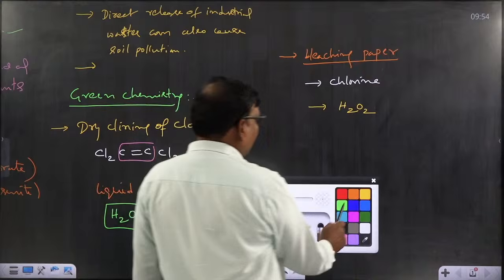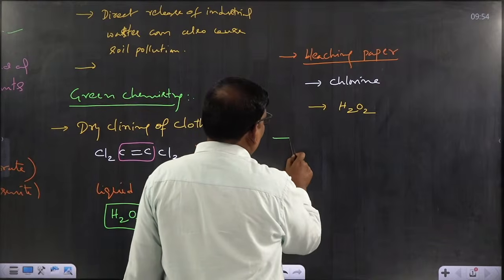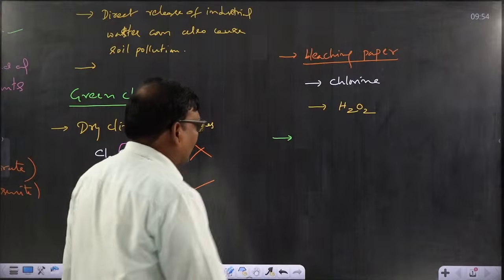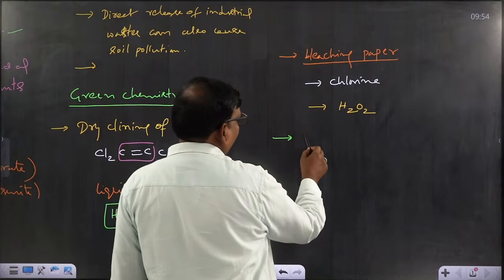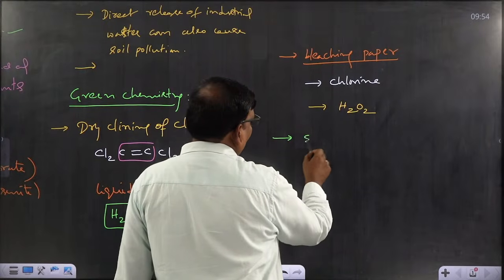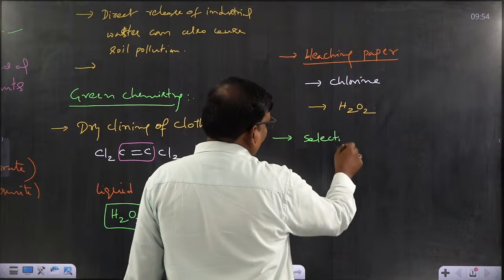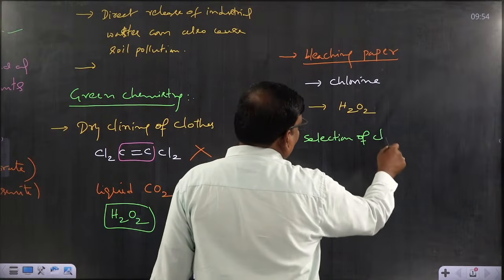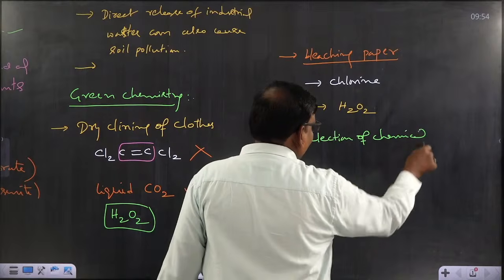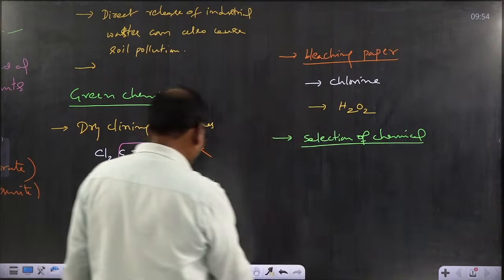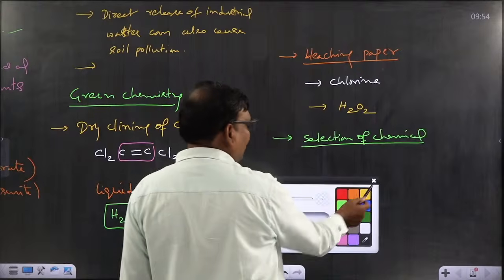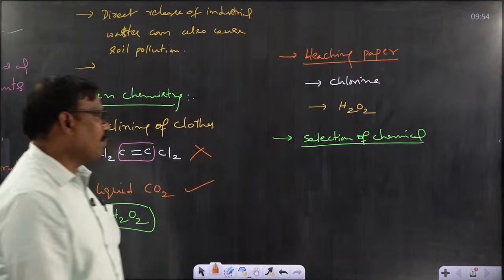And the third example is the selection of chemicals during the preparation of chemicals. We can select chemicals which produce only the desired products without producing any byproduct.